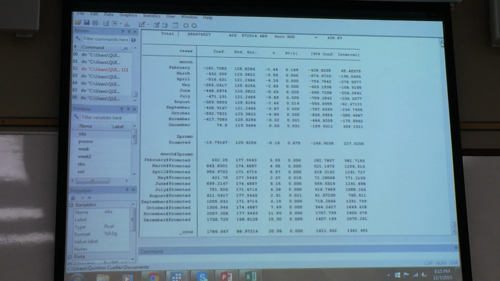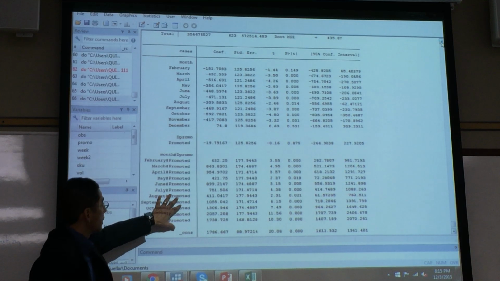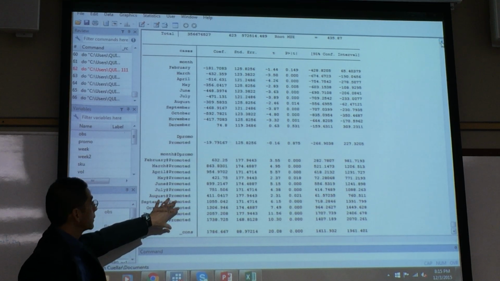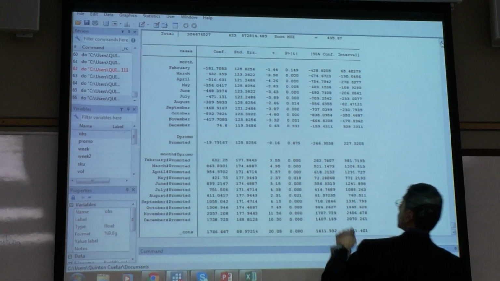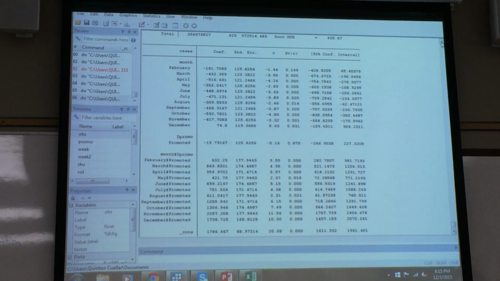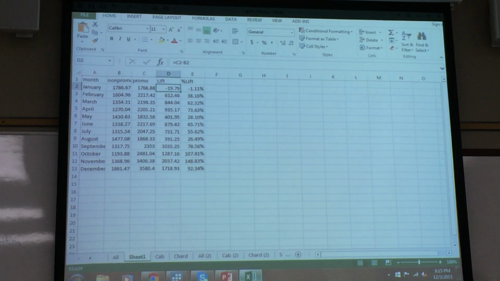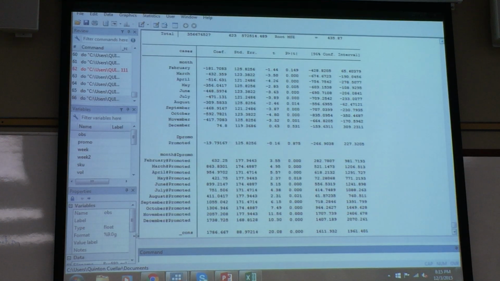And what we're able to do is see, these are the promotional lifts by month, right? So February was 632, March is 8 something. Let's go back to the Excel. 612 or 632? Did I just misread it? 632.